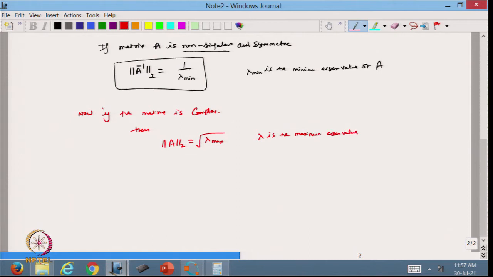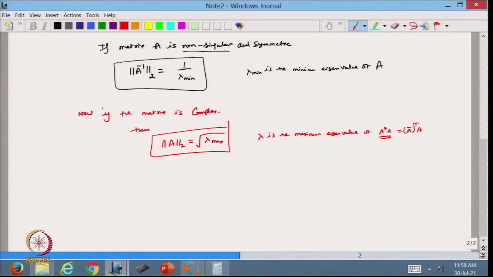Maximum eigenvalue means the eigenvalue which has the maximum magnitude of A star A. All other things are the same, because A star A means A conjugate transpose A. All other things will be the same, and then we can define the 2 norm in the case of a complex matrix. So, this way we can define this value.